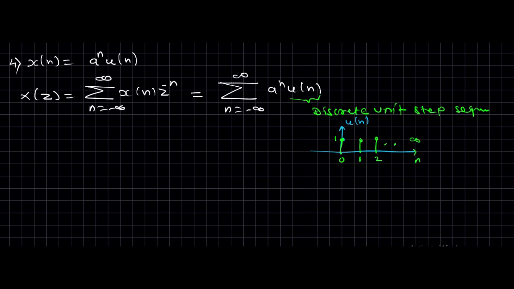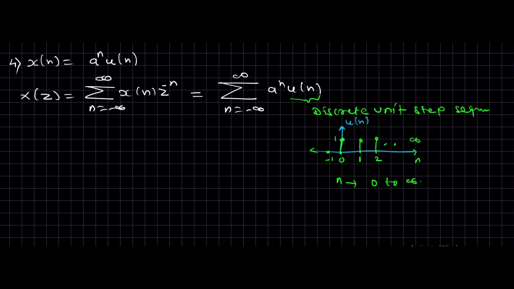For the rest of the values it is 0. So this unit step sequence is present for n from 0 to infinity. Let us use this.